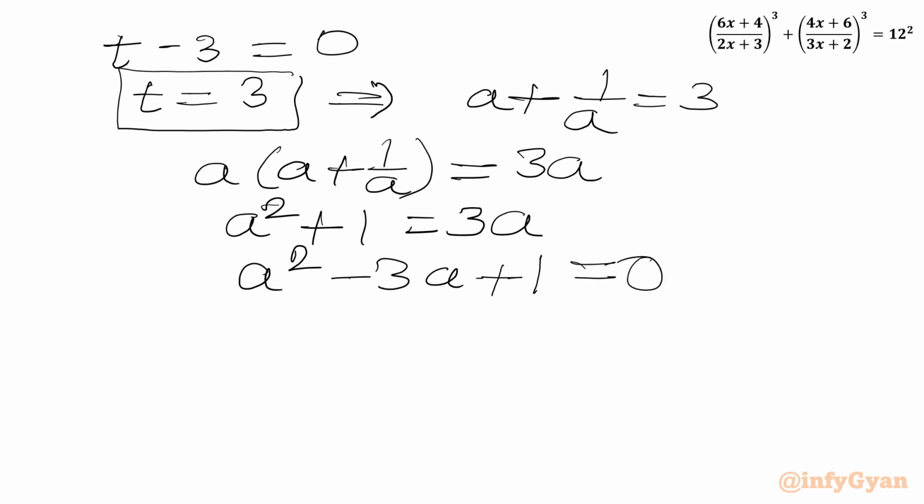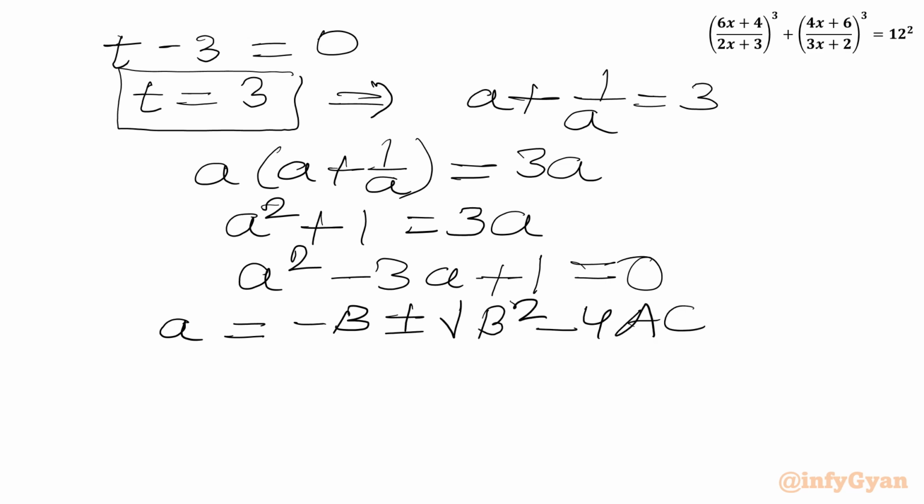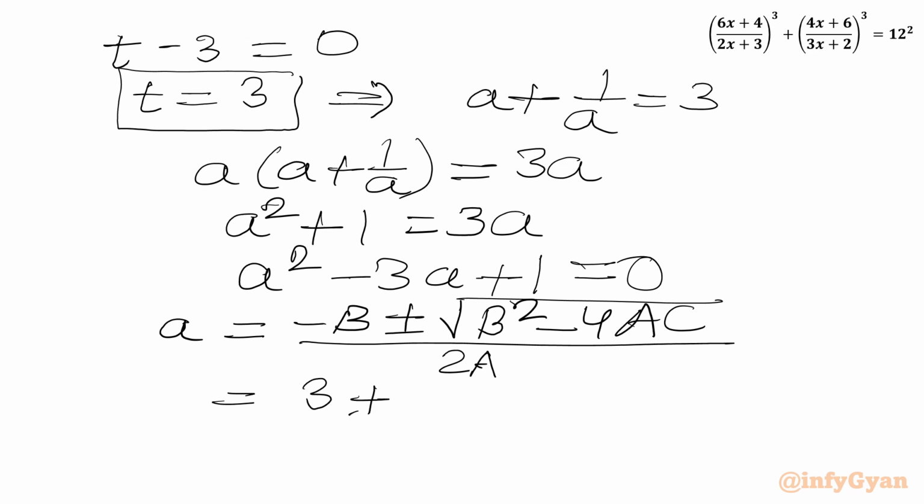Now equation is quadratic, we can use quadratic formula. So a will be equal to minus b plus minus square root b square minus 4ac over 2 times a. So I can write minus of minus 3, 3 plus minus square root of 3 square, 9 minus 4 times 1 times 1, which is 4, over 2 times 1, so 2.